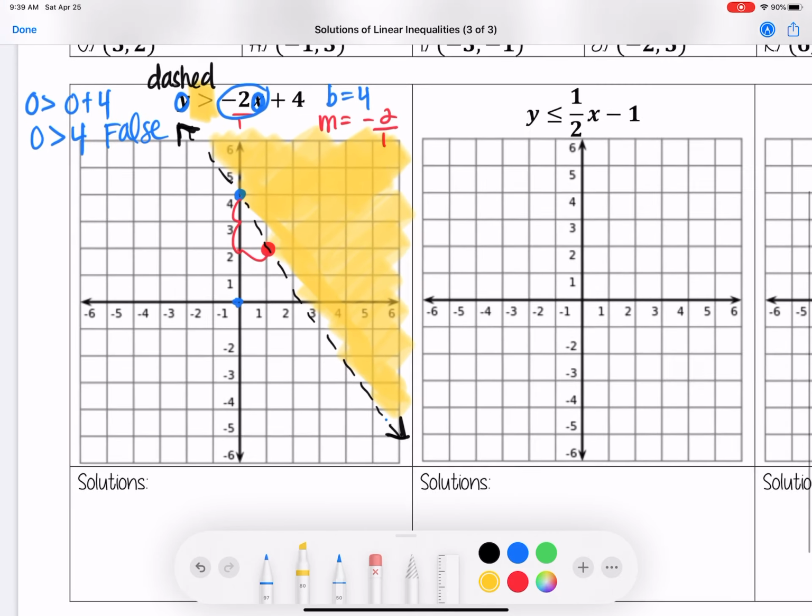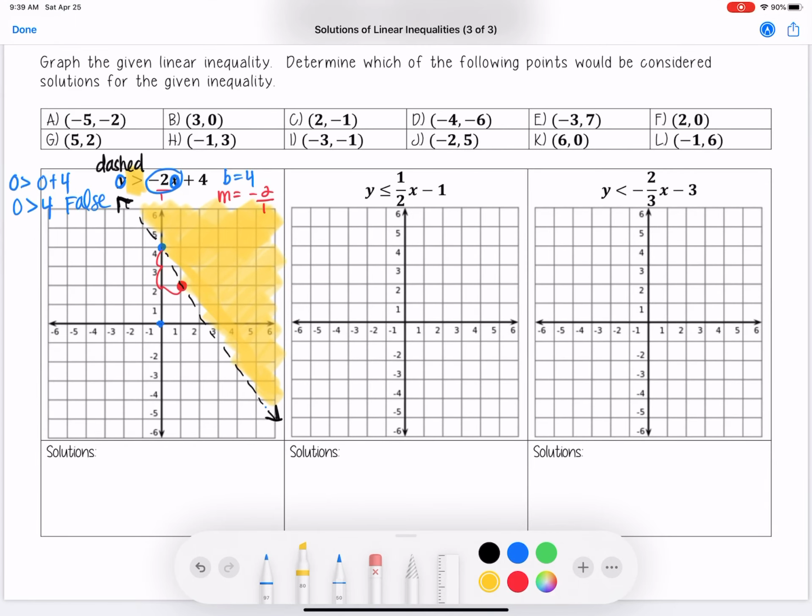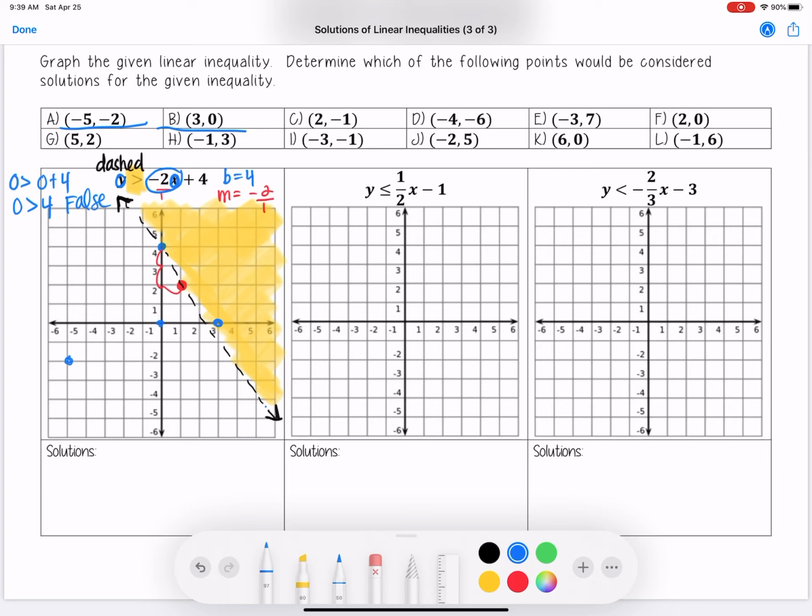Okay, now what I want to do is look at the points up at the top and see which ones are solutions. All right, so like for example, the first one is -5, -2. All right, -5, -2 is here. That's not a solution, so I'm not going to write that down. B is 3, 0. So here's 3, 0. 3, 0 is a solution. So I'm going to put B 3, 0 as one of my solutions.